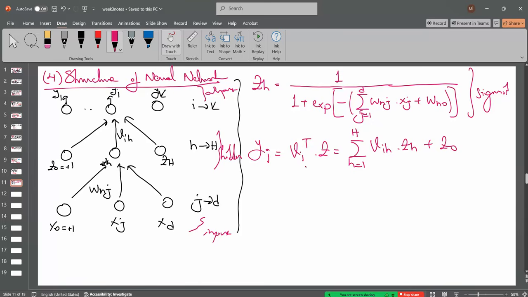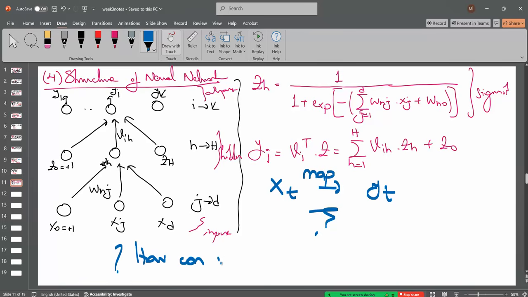These two functions are used to generate the output for a given input value after processing with the W and V matrices, the neural network coefficients. So in general terms, x_t is mapped to y_t. This is the map. But the main problem is how can we train the network?